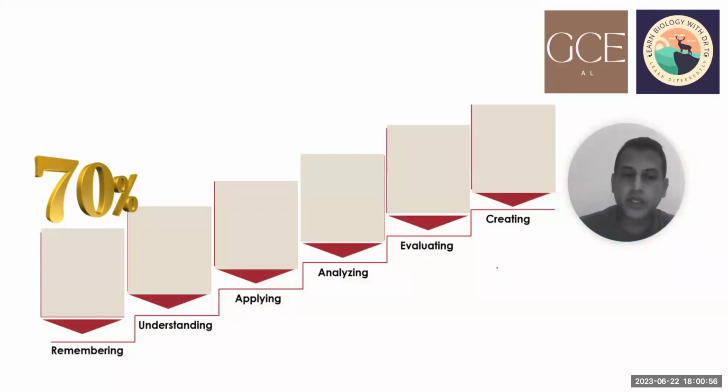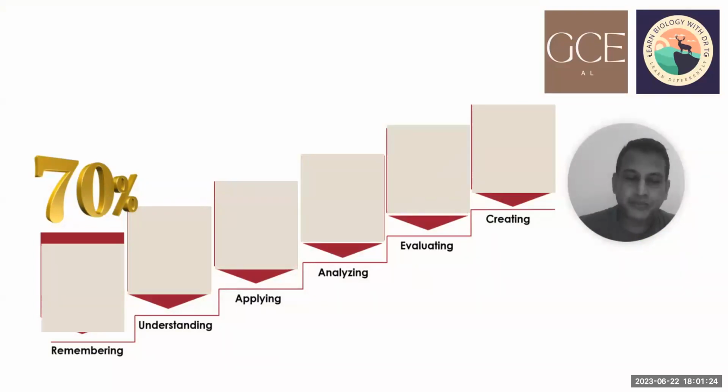Now in any exam, it could be the A-level exam, it could be your future exam like a medical school exam, the questions are made based on several types of method. What are the methods? Some questions are remembering questions. You remember by heart, write the same thing on the paper, and you get the marks.